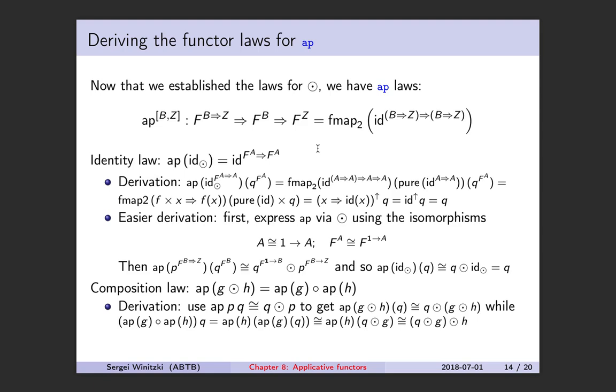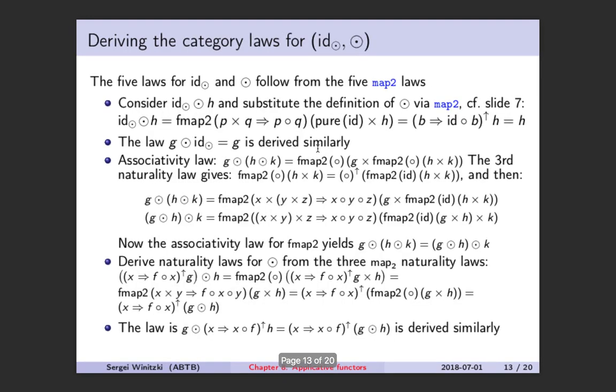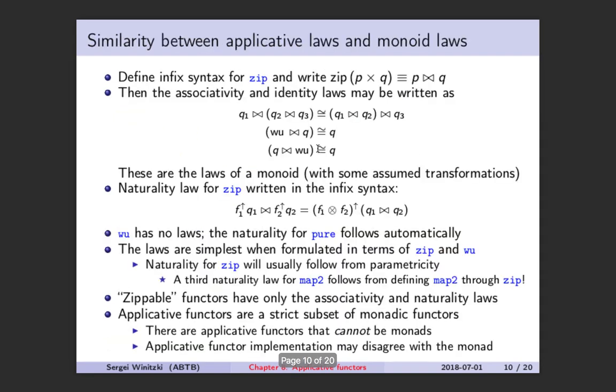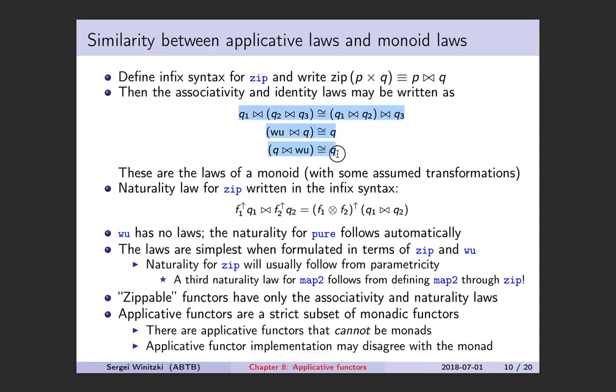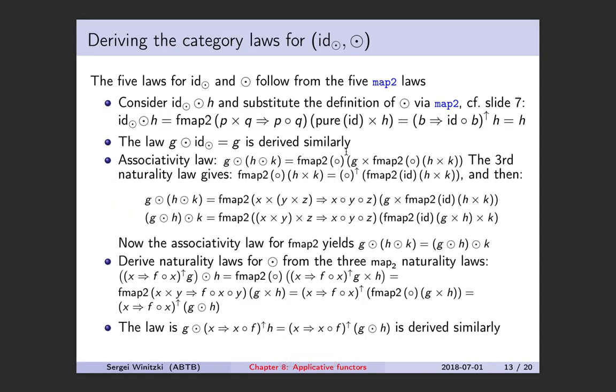So it's sufficient to establish the category laws, or it's sufficient to establish the zip laws, and everything else follows. So these are all the possible ways of looking at the laws for applicative functors. So you can choose the one you like best, and different ones have different utility.